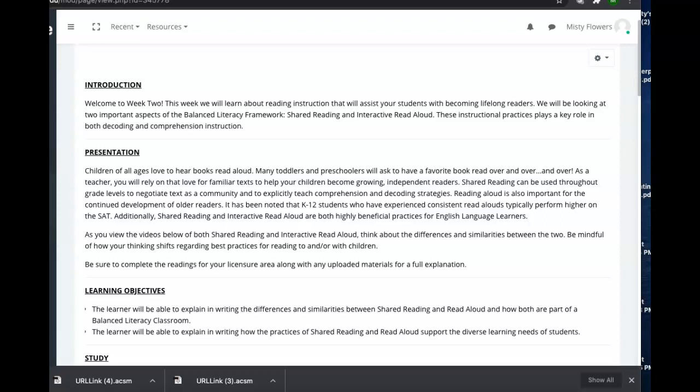Chapter 4 talks about the value of shared reading for your intermediate and middle level readers. The latter part of chapter 4 discusses how the students are writing in response to shared reading.